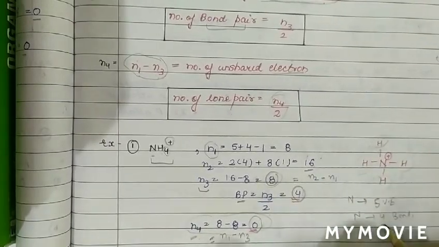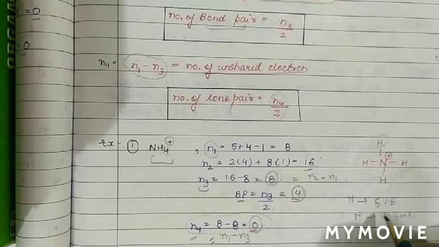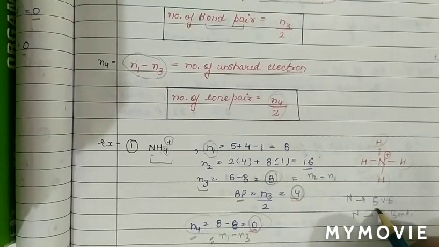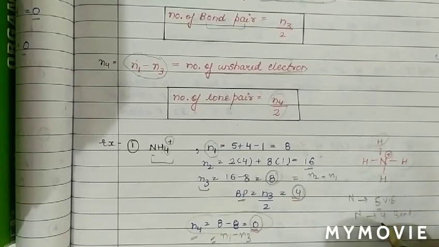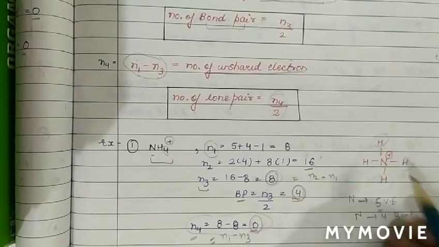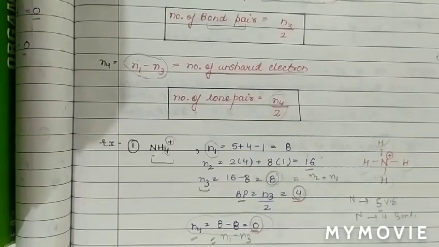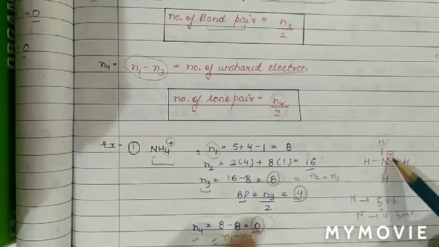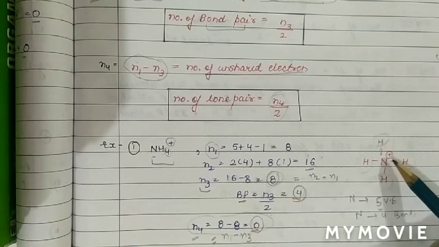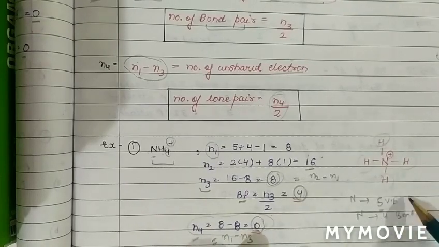So the number of bonds is one less than the valence electrons. As nitrogen has one bond less than its valence electrons, nitrogen will carry plus 1 unit of positive charge. Also, we may use the formal charge formula to calculate the formal charge on nitrogen. Otherwise, we use the shortcut.